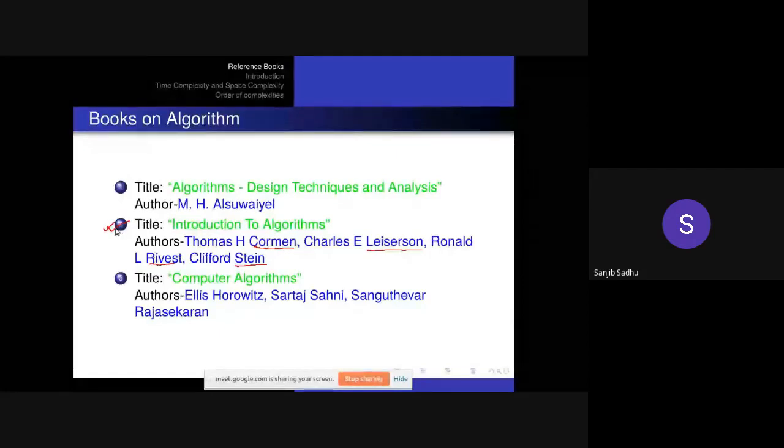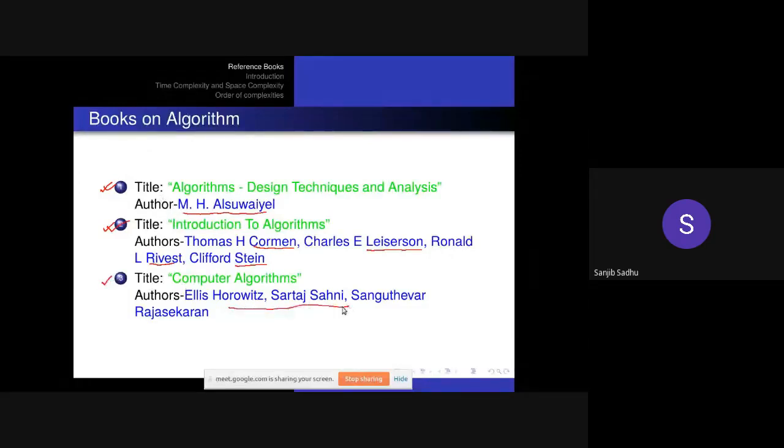Another book is also on algorithm design techniques and analysis. A few topics I will take from these books. And this is another book, by Sartaj Sahni.